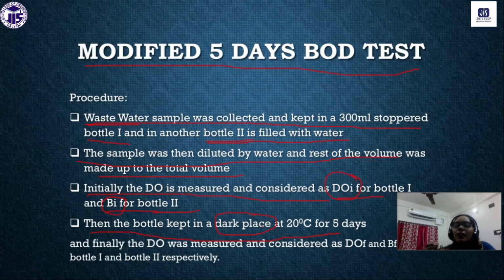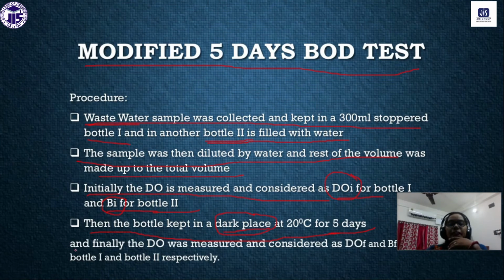Photosensitive means in presence of sunlight, in the reagent bottle there may be generation of free radicals which can interfere with the BOD reaction, and thus we cannot get the actual value of the BOD of the wastewater sample. That is why we have to keep the bottle in a dark place at 20 degrees centigrade for 5 days. Okay.